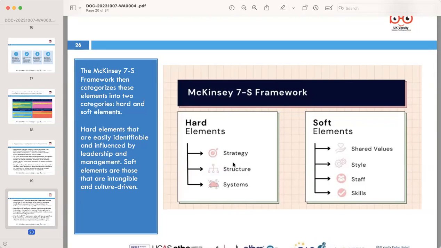The hard elements are strategy, structure, and systems, and the soft elements are shared values, style, staff, and skills. Understanding this distinction is crucial when applying the framework. Any questions?